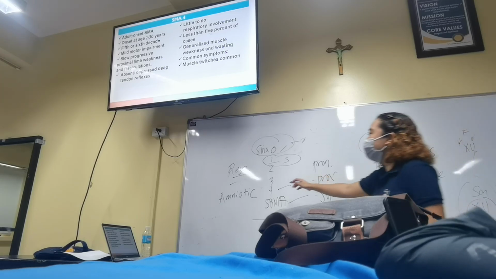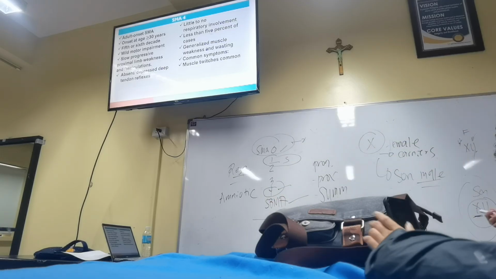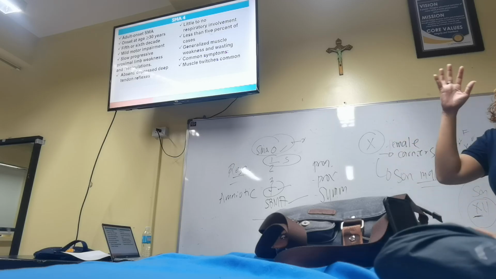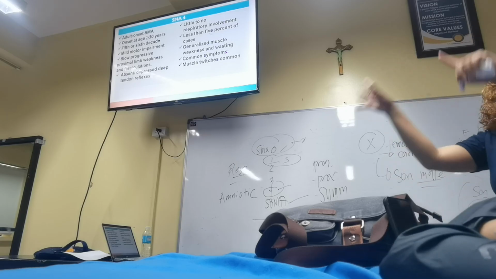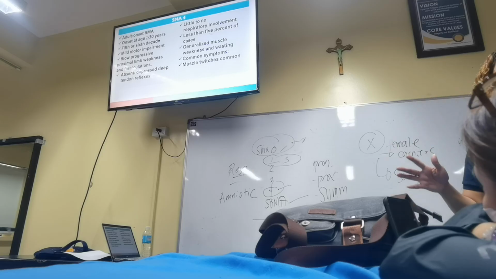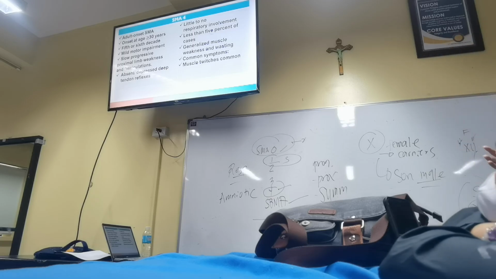Okay. Let's discuss SMA 4. And what is this? SMA 4 happens, for example, in a normal person, then after 30 years old, the patient suddenly becomes weak. You get what I mean? Now with that, this is an adult onset SMA that happens around the 30s, 40s, 50s.